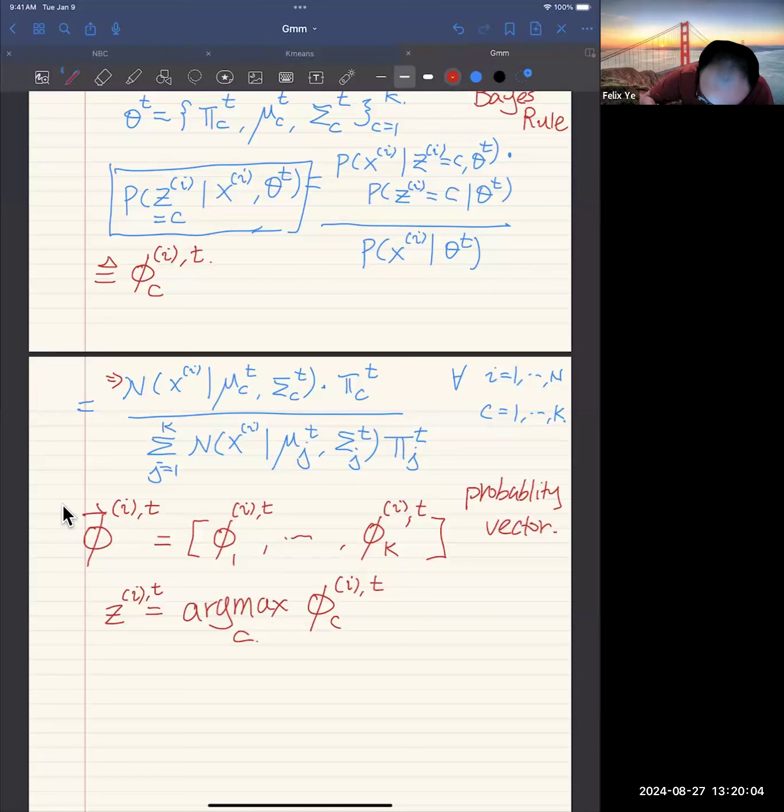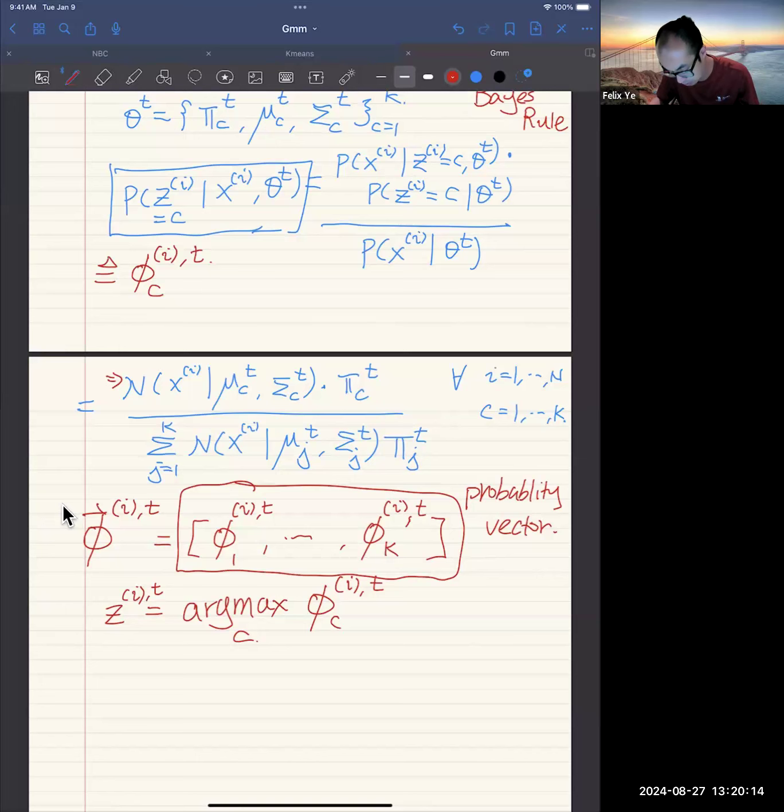This is my posterior probability. Then my membership belongs to the component that gives the highest posterior probability.